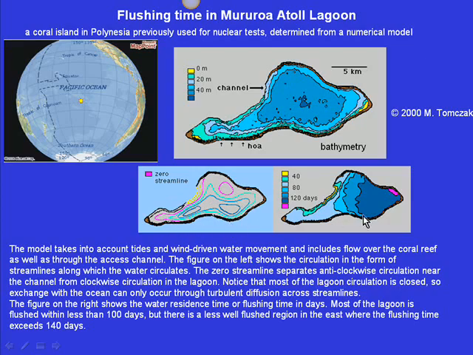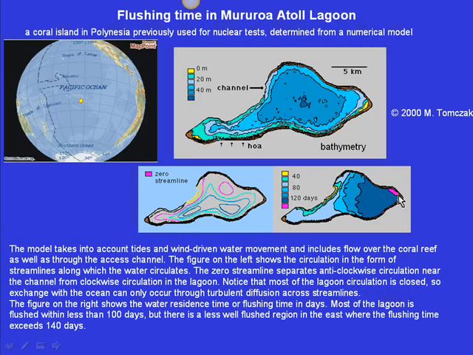And you can see, this is the bottom line, the residence time in the lagoon. You can see quite dramatic differences, maybe 10 days for that yellow one, or 20 days. And here, which would be the part of the lagoon most prone to pollution, we have more than 120 days, so maybe half a year to flush that part of the lagoon.